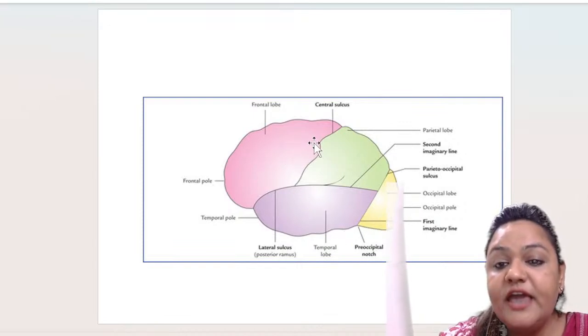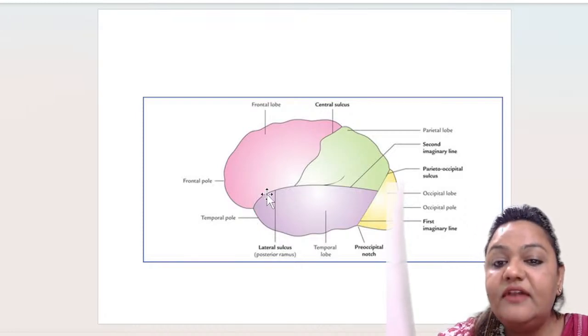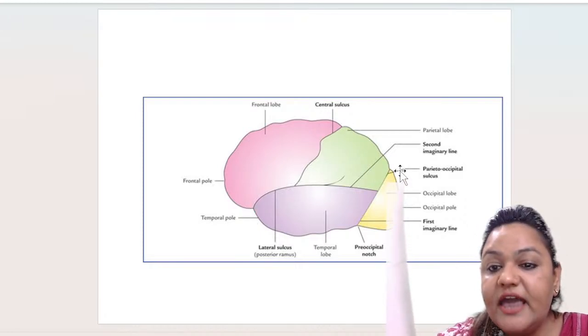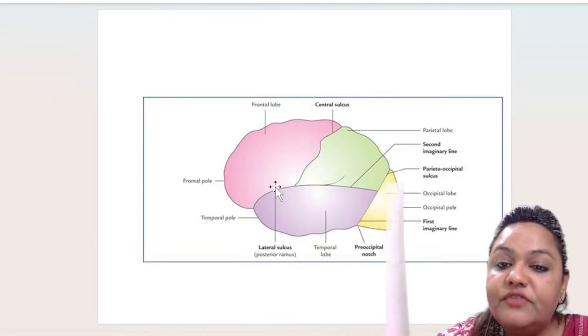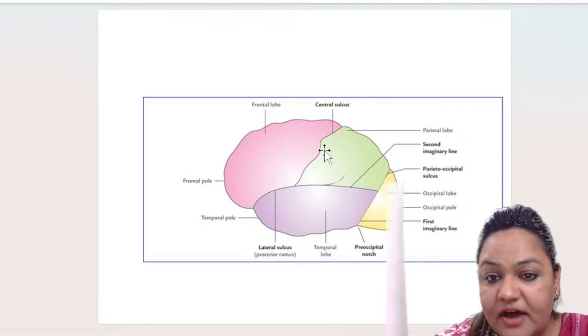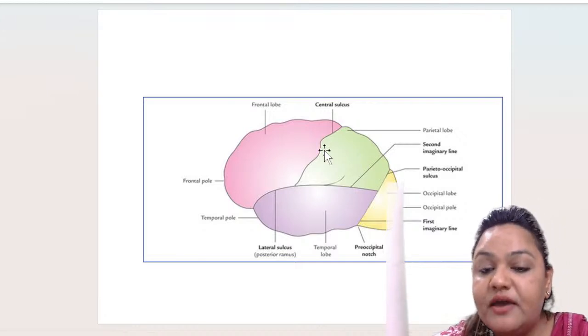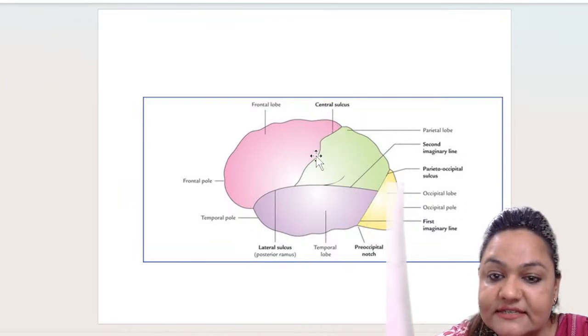So here we have mainly the central sulcus, the lateral sulcus, and the parieto-occipital sulcus. So with the help of these three major sulci, we will be able to divide the cerebral hemisphere into four lobes.